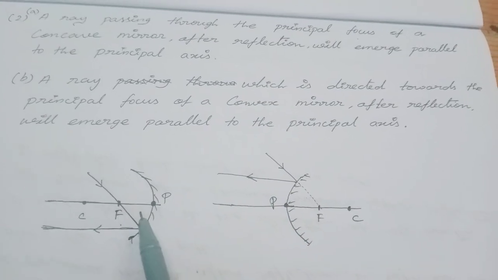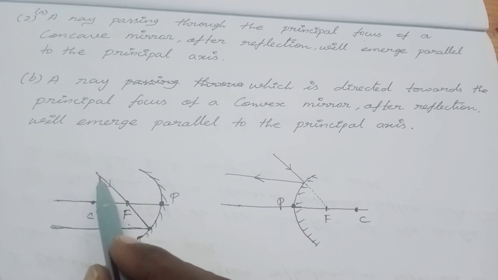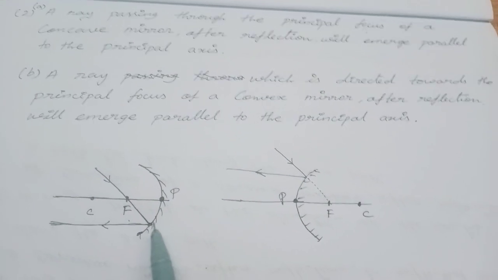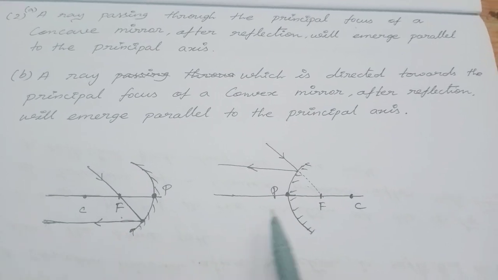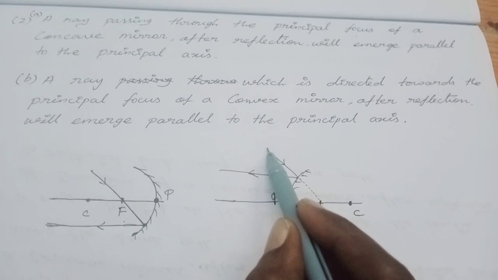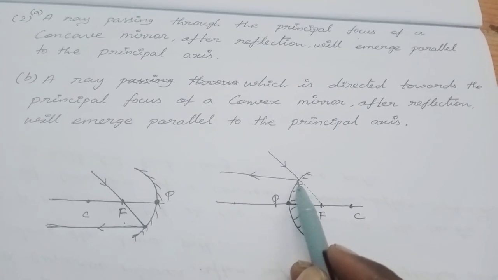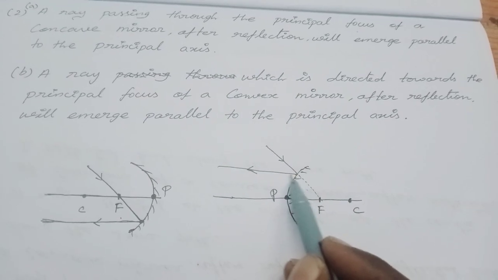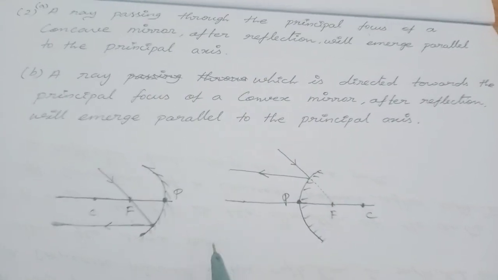For concave mirror, the ray is passing through the focus and after reflection it emerges parallel to the principal axis. In the same way, in case of convex mirror, the ray is directed towards the principal focus and after reflection it emerges parallel to the principal axis. So this is the second rule.